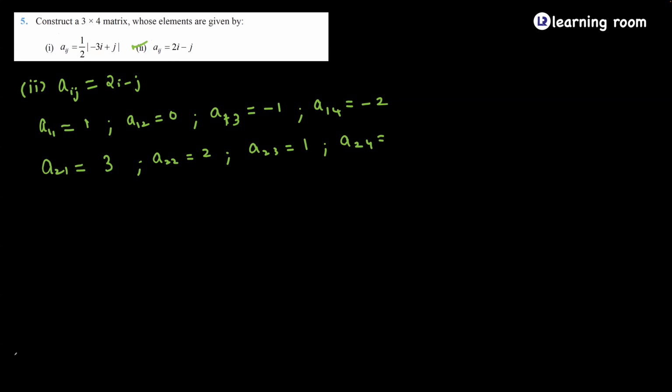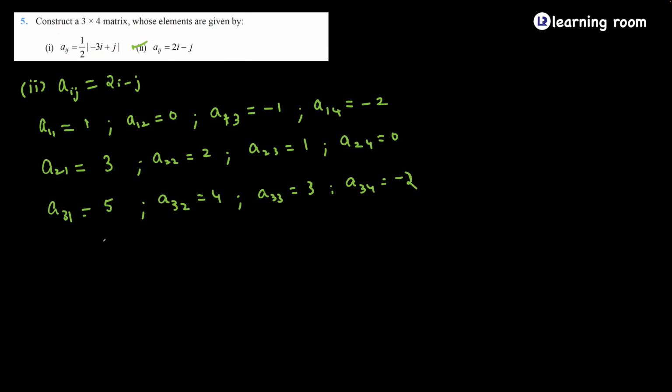So A24 is going to be 4 minus 4, which is a 0. Similarly, what is A31? 6 minus 1, 5. What is A32? 6 minus 2, 4. What is A33? 6 minus 3, 3. What is A34? 6 minus 4, minus 2.